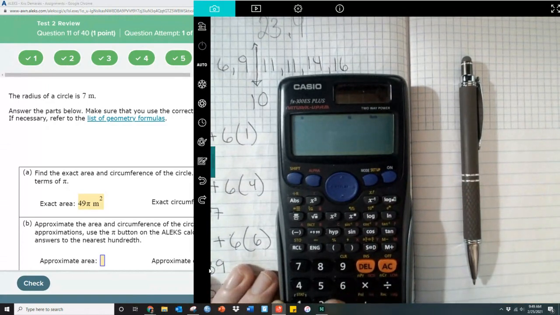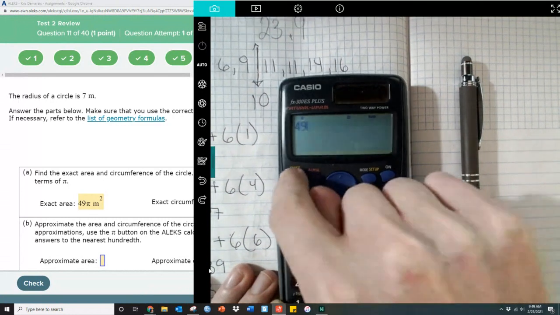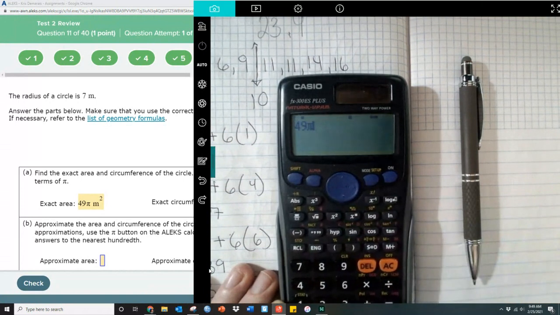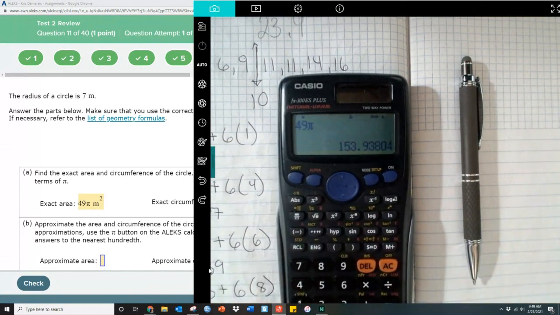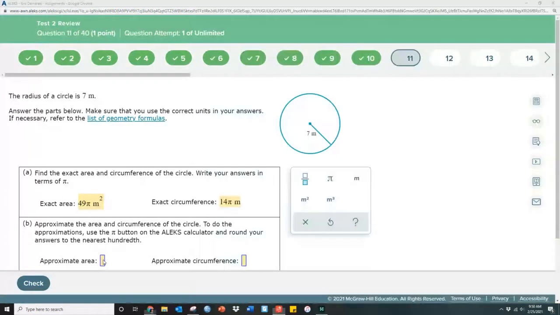So if we look at this, we're going to be looking at the 49 shift the pi, we get that. So we're going to go ahead and plug that value in. So 153.93, because they're looking for the nearest 100th. Actually, it's 94.